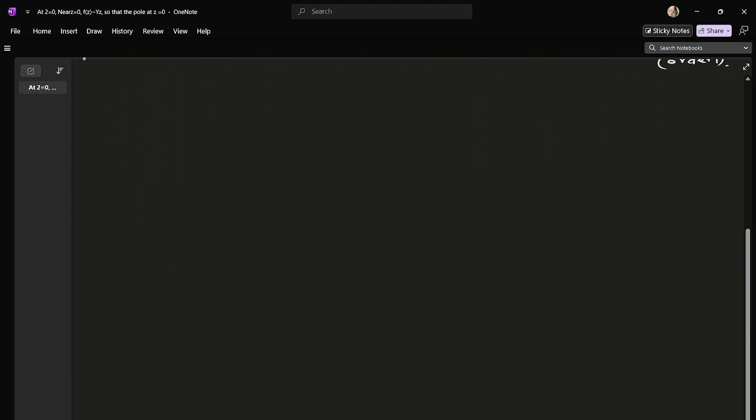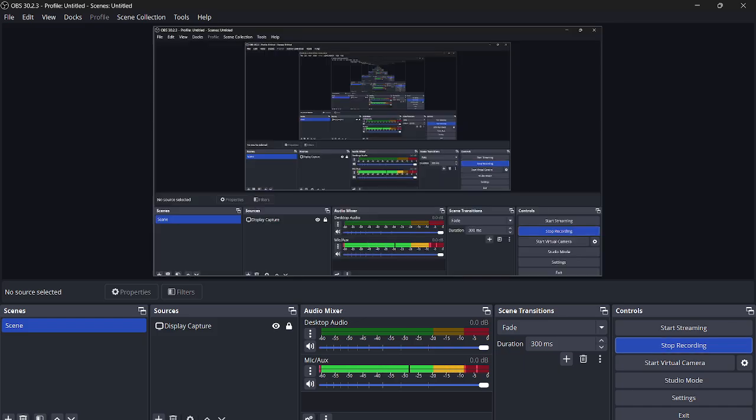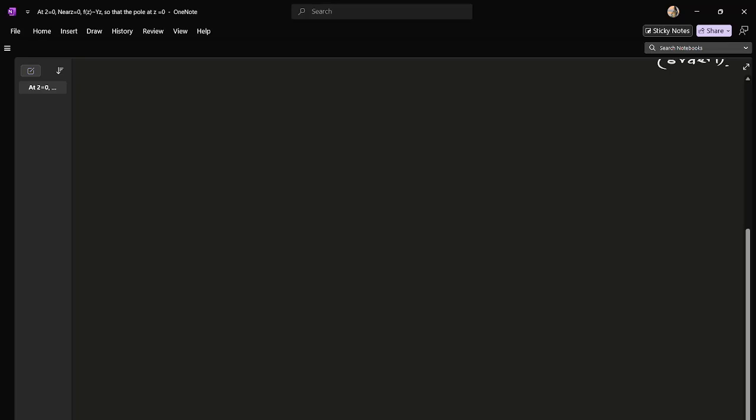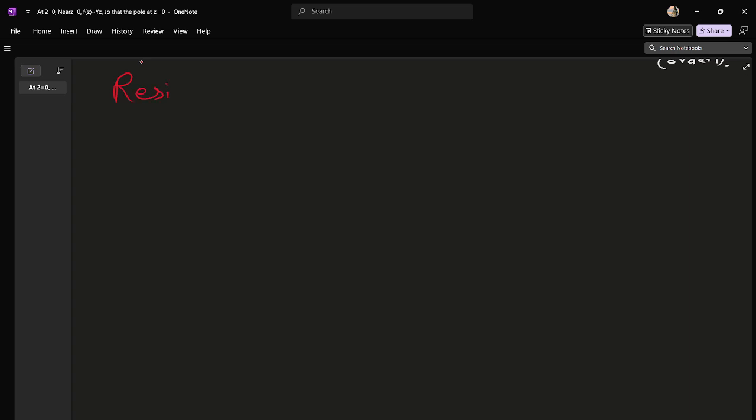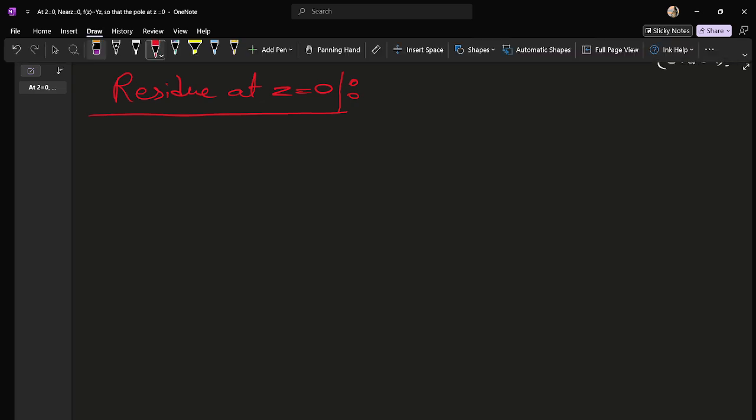Let me change my font color now. We are finding the residue at z equals 0. Now we have to know the formula to calculate the residue.